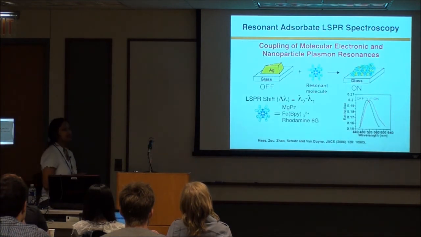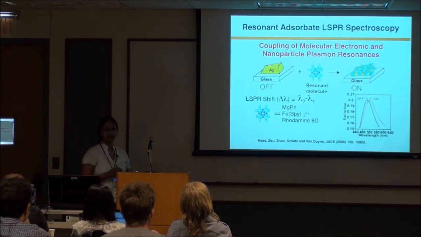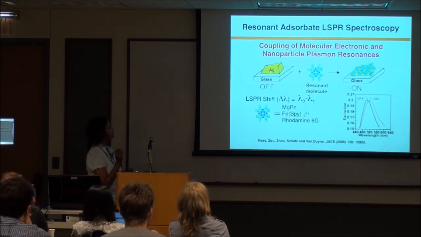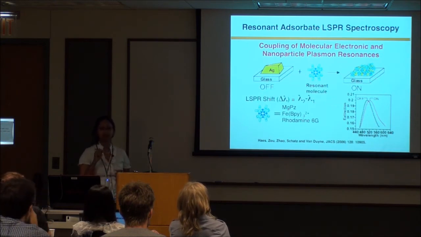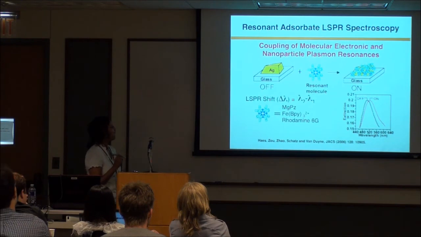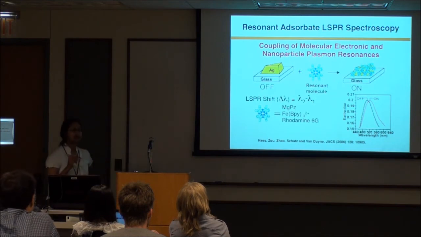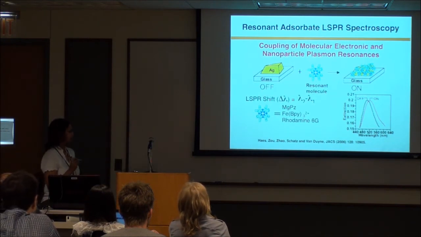When you have a resonant molecule, the story is a little different. I'll show you how the shift depends on the spectra of the resonant molecule, and also on the nanoparticle's initial plasmon resonance.